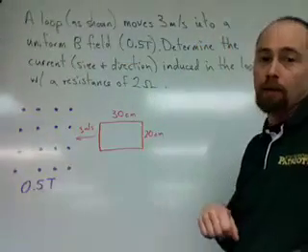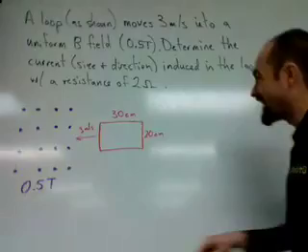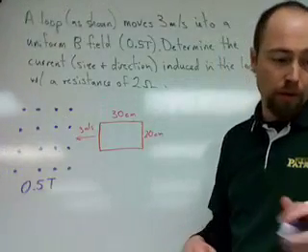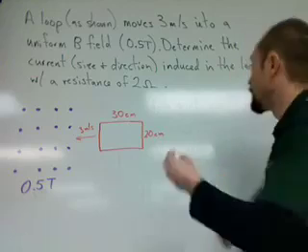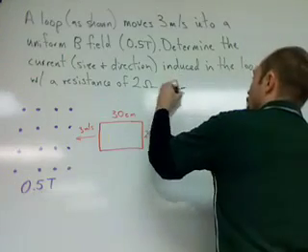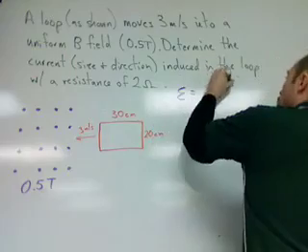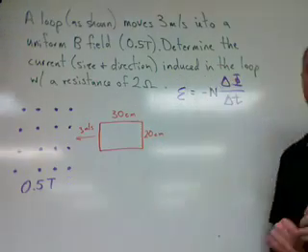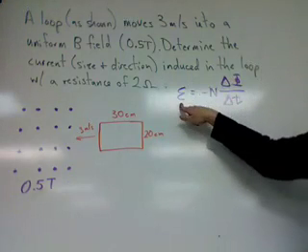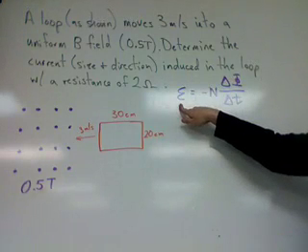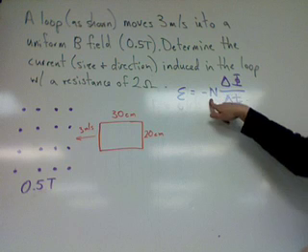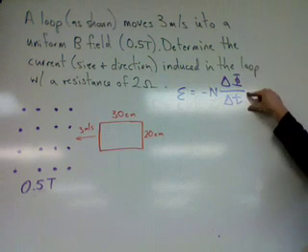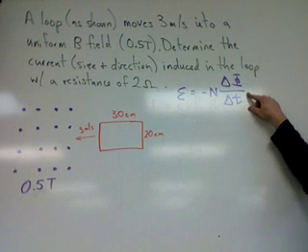So there's my problem. This problem is going to relate to Faraday's law. And if you remember, Faraday's law is this. So Faraday's law is the voltage, which is EMF, same thing as voltage, is equal to the number of turns, change in flux, divided by the time that change takes.